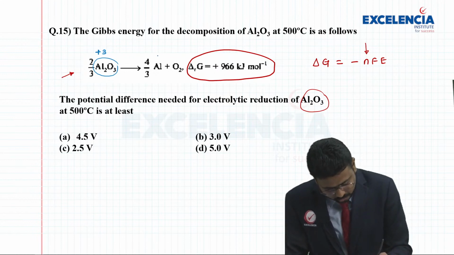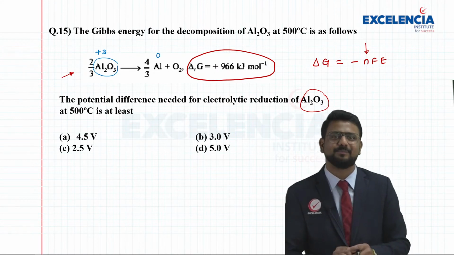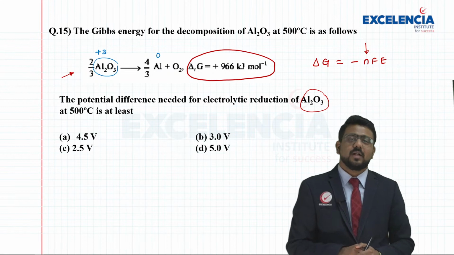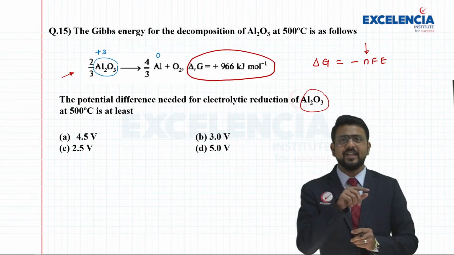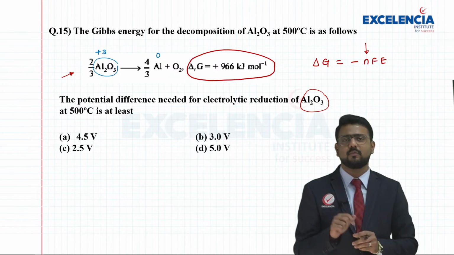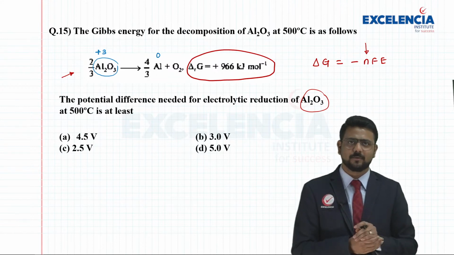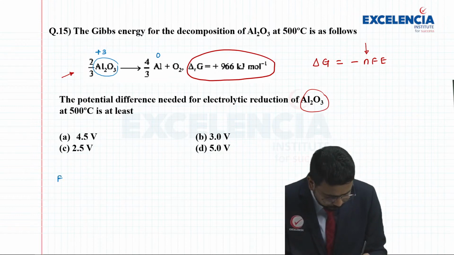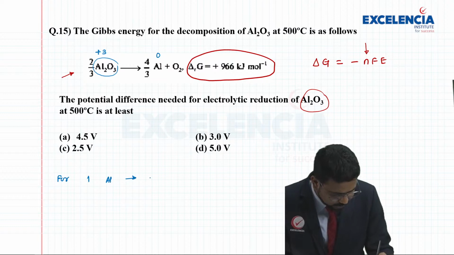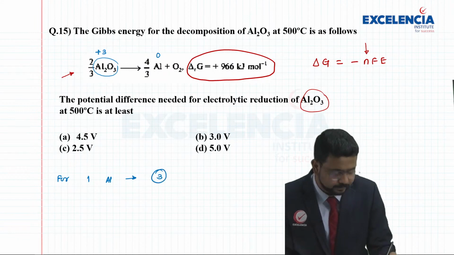So here oxidation state for aluminium is definitely 0. So for one single aluminium, the change in oxidation state is from +3 to 0, isn't it? So basically it is by 3, yes?